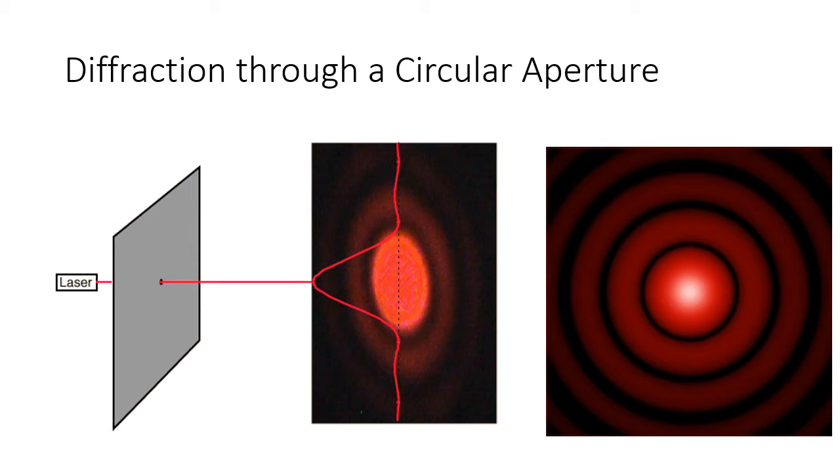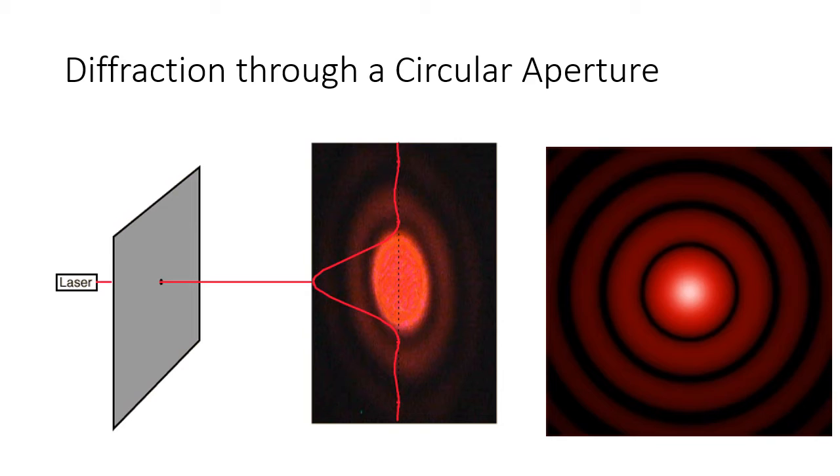Of course, what we're talking about is light coming through a circular aperture. Here you can see laser light going through a relatively small hole, and you get the central peak where the laser light gets spread out by diffraction, and then you get side peaks that correspond to the single slit diffraction graph that we were looking at before, and the side peaks make concentric circles.